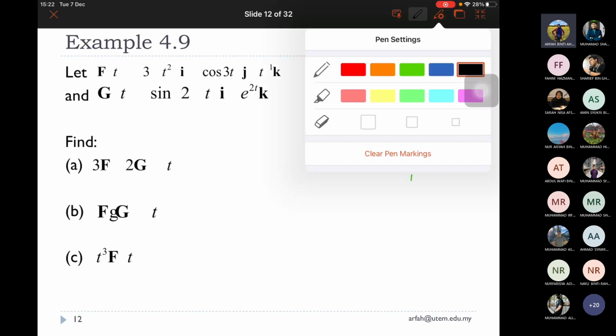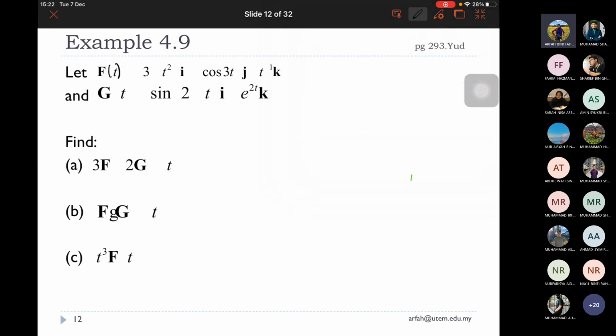Let f of t sama dengan 3 tambah t kuasa 2 i tolak dengan cos 3t j tambah t minus 1 k. Okay. And then you have g(t) sama dengan sin 2 tolak t i tambah exponential 2t k.